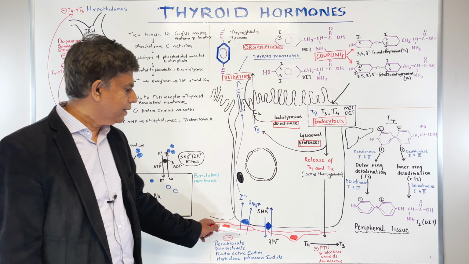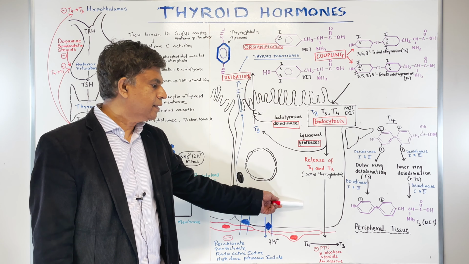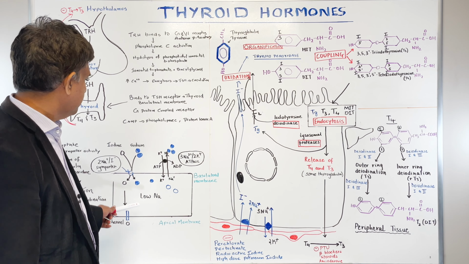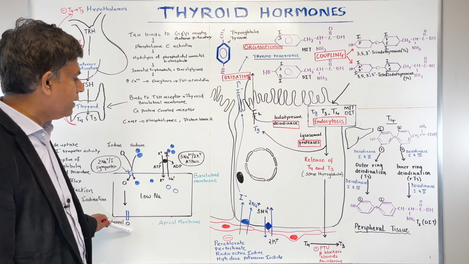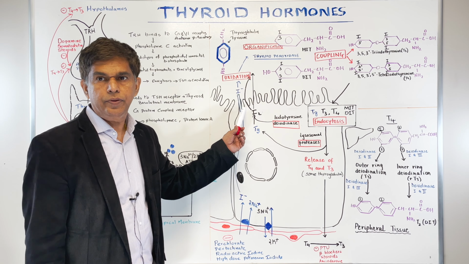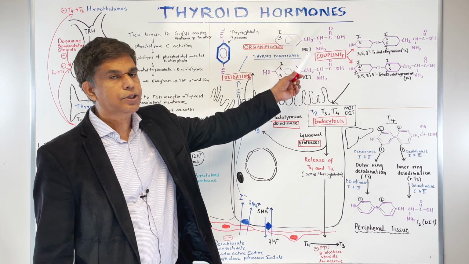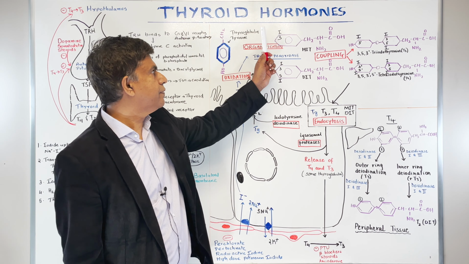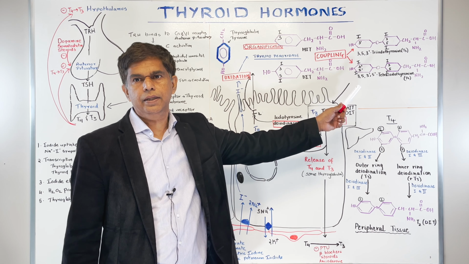This is happening in the basolateral membrane of the follicular cell. Remember that. Now we know iodine is coming in. It goes through this iodide channel, and then a series of events happens. Three things I want you to remember: oxidation, organification, and coupling to get our T3 and T4.